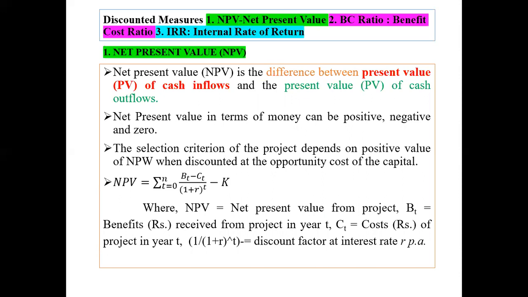It is the summation of (Bt minus Ct) divided by (1 plus r) to the power of t, minus K. Here Bt means the cash inflows at different periods of time, Ct means the cash outflows at different periods of time, and K indicates the initial investment.